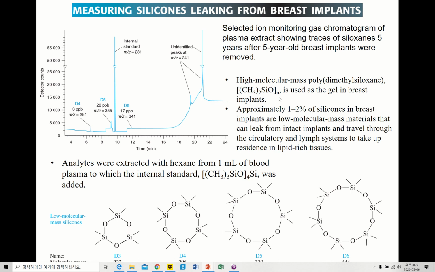As you see, this mass-to-charge ratio of 281 was set, and then there is a small peak here and another peak here. And when you set the mass-to-charge ratio at 441, you see there are maybe two peaks, at the mass of 355 there is a small peak here.